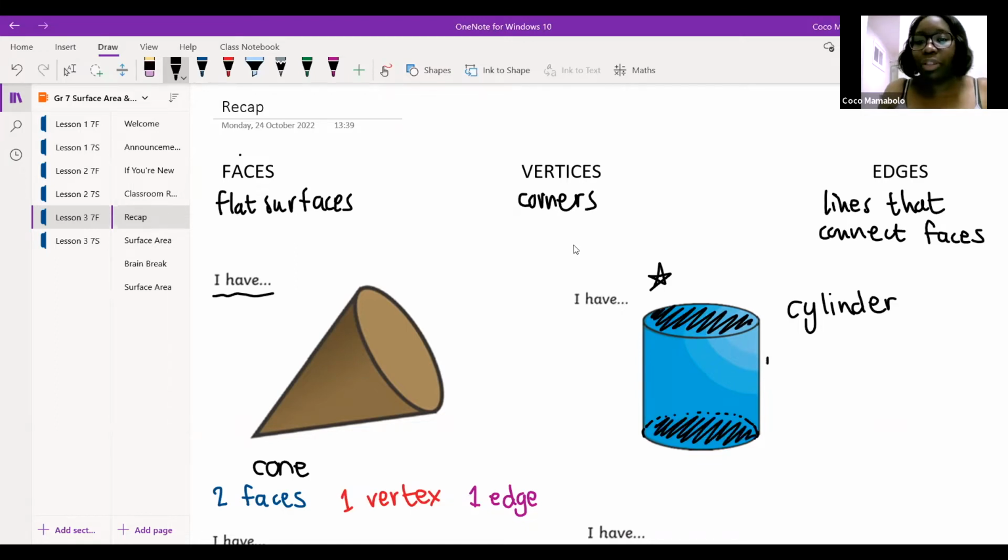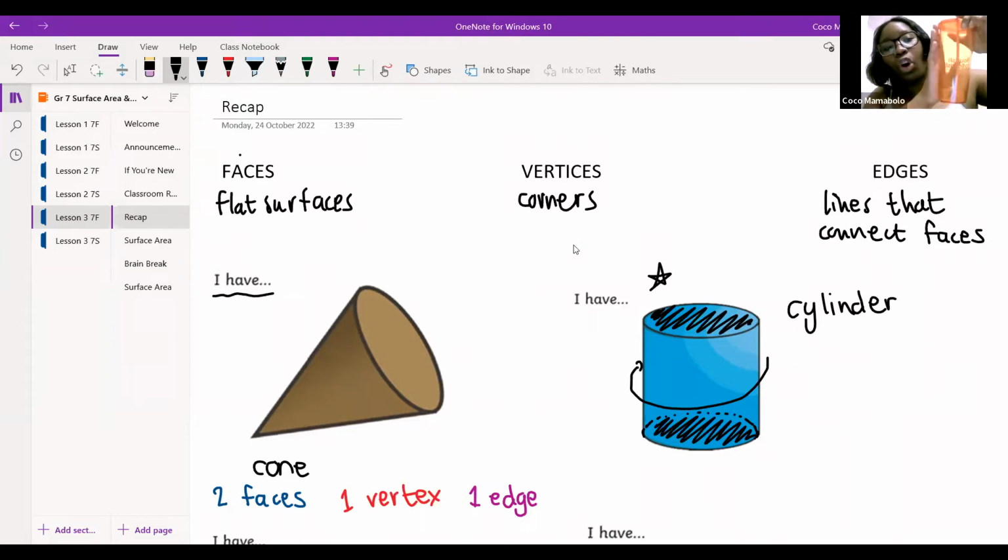And then what about this shape that goes all the way around, guys? How many faces are on that shape? Pop it in the chat. Remember, it goes all the way around. Like if I'm holding this cup that I'm drinking from, there's no edge anywhere that separates my face.